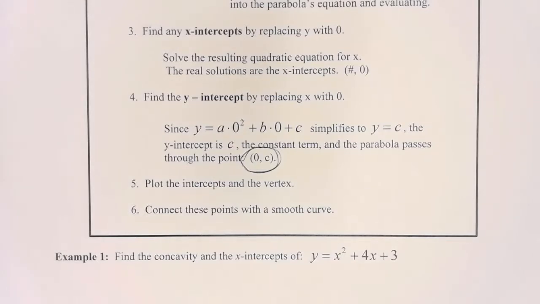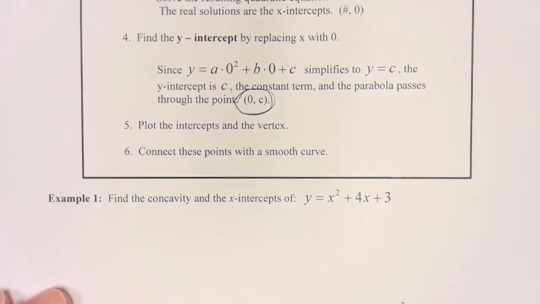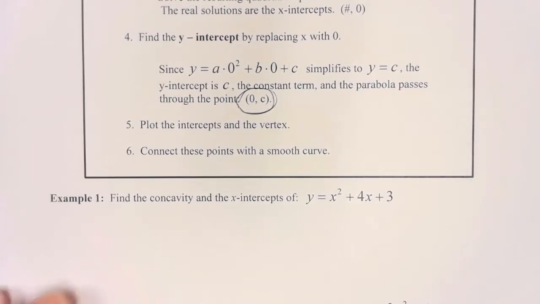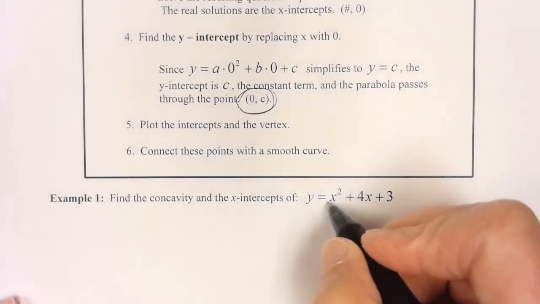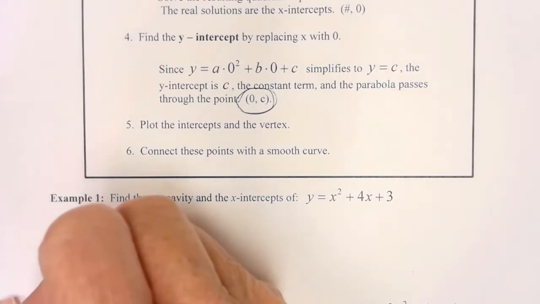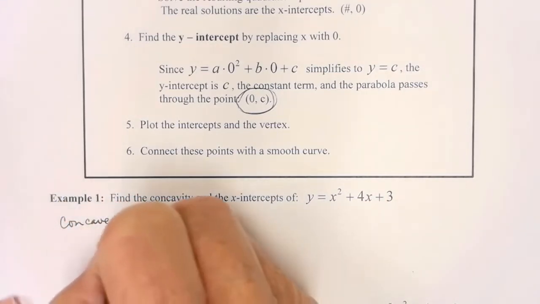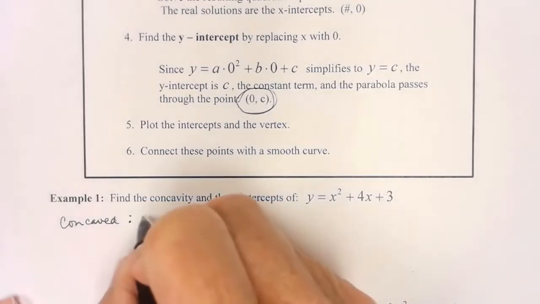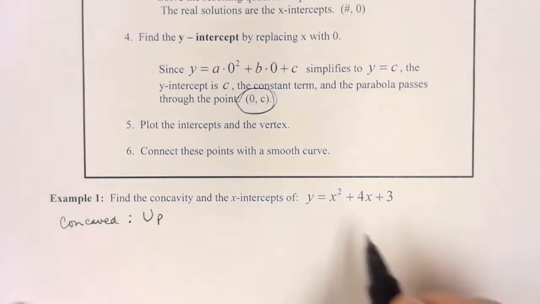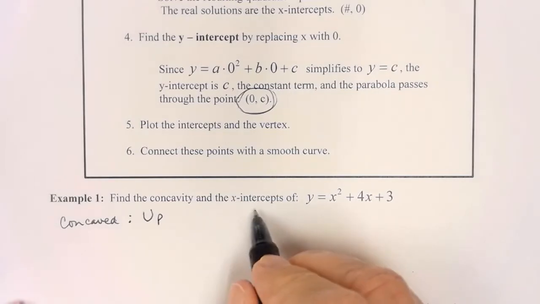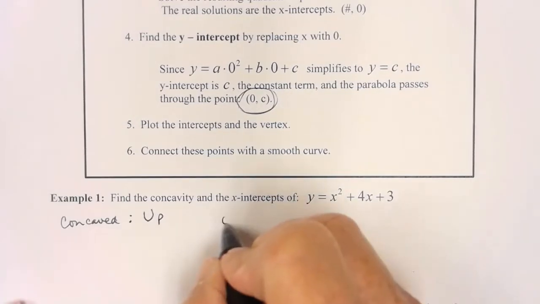So let's follow directions here. In this one, they want us to find the concavity and x-intercepts. So concavity, my a value is 1. So what do you think? Concave up. Looks like a parabola going up. X-intercepts, for me to find x-intercepts, that's when y is equal to 0.